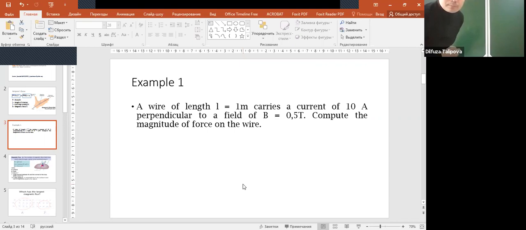And this is perpendicular to the magnetic field of B. It means that theta is 90 degrees and the magnetic field is equal to 0.5 Tesla. So we should find the magnitude of force on the wire, which is F, or let's call it big F.